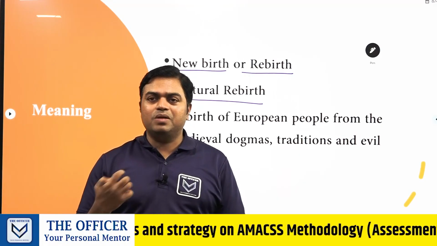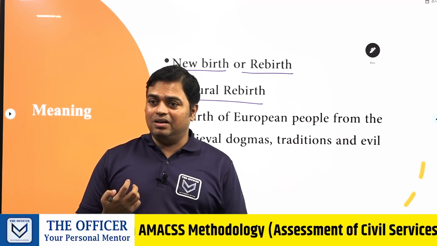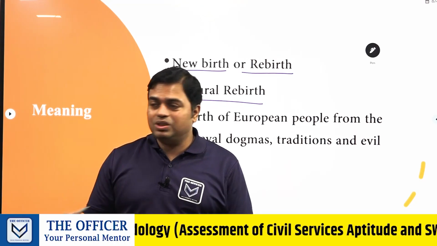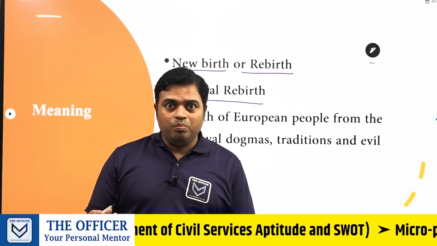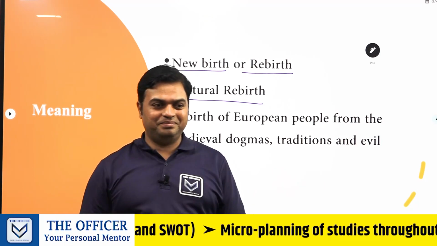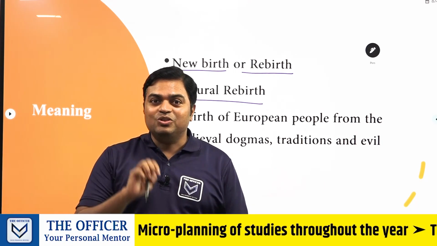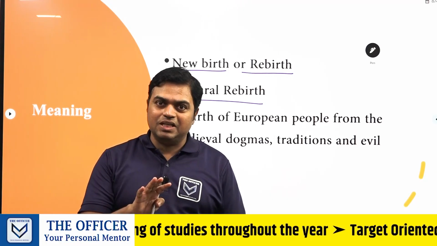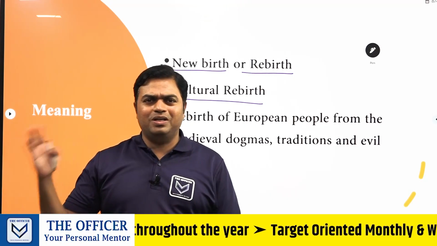People are not always adaptive to social change; people always love to remain as they are. That's why social changes take place in a very slow manner.